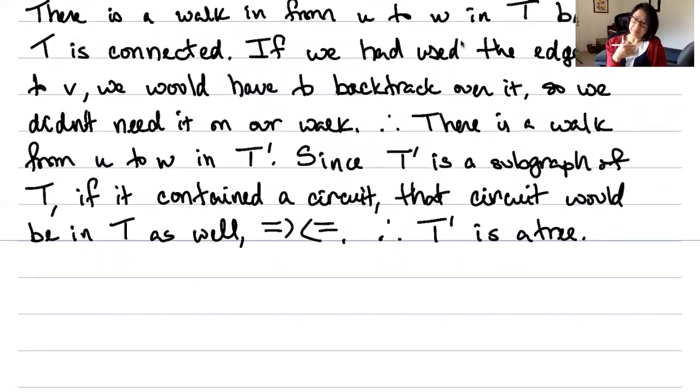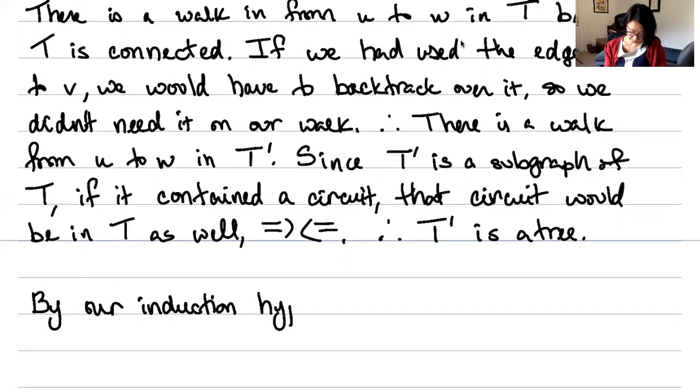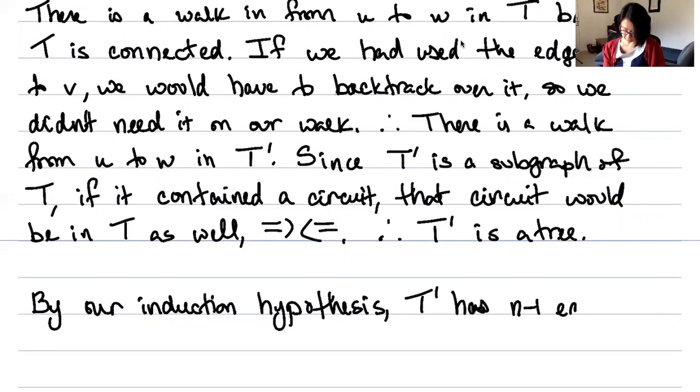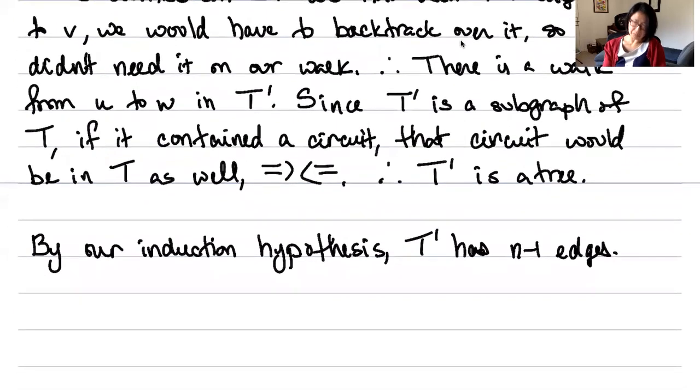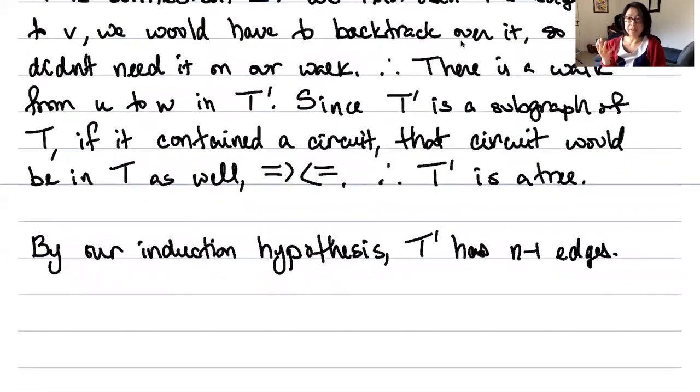So by our induction hypothesis, we know how many edges it has. T prime has n minus 1 edges. And then we realize, well, what's the difference between the number of edges in T prime and the number of edges in T? Because we removed a vertex of degree 1, it was a leaf. When we removed it, we only took off one edge. And so when we put it back, we have n edges.